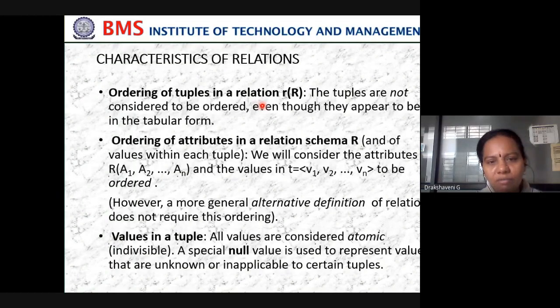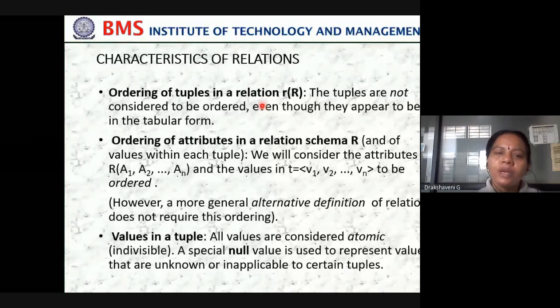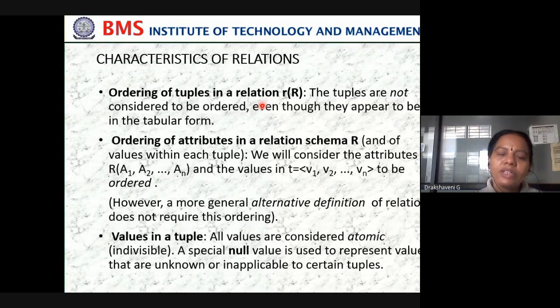Or I may ask you to stand with respect to your USN number, so one will start first, then two, like this. So ordering in the tuples is not important, only the data is important. That's what ordering of tuples in the relation means.